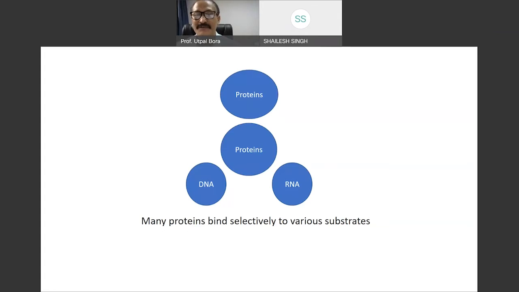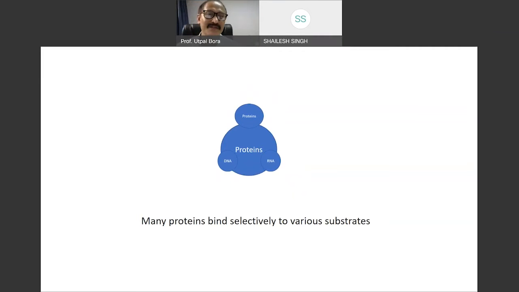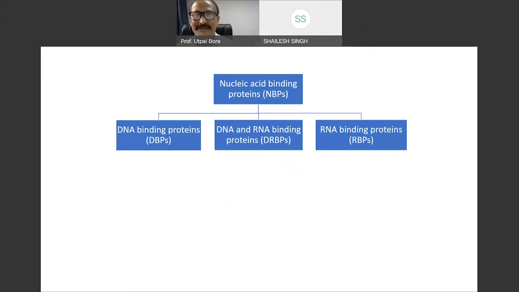Okay. So the proteins may bind to DNA. The proteins may bind to RNA, and the proteins also bind to themselves. So there is protein-protein interaction and protein-DNA or protein-RNA interaction. Now, we are already aware from the earlier discussion that nucleic acid binding proteins fall into three different classes.